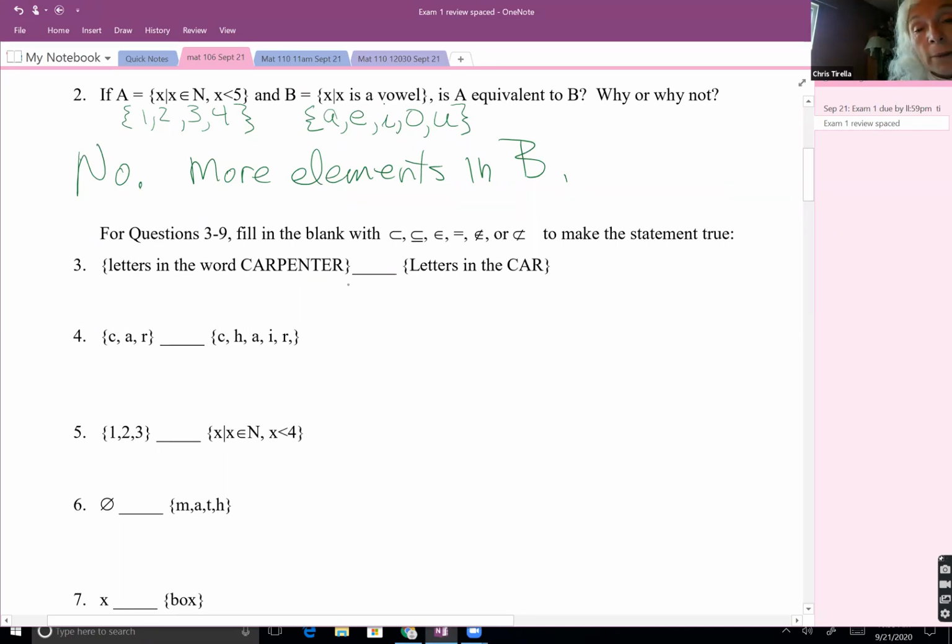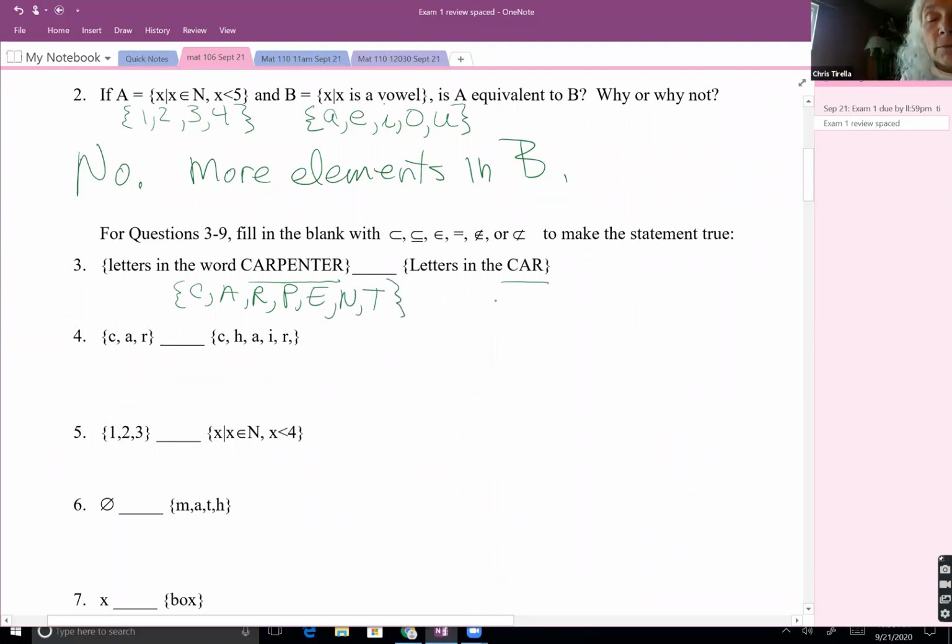Letters in the word carpenter, letters in the word car. Is this a subset? Yes, all of these letters are in there. What's in the first set? C, A, R, P, E, N, T, because we don't repeat.